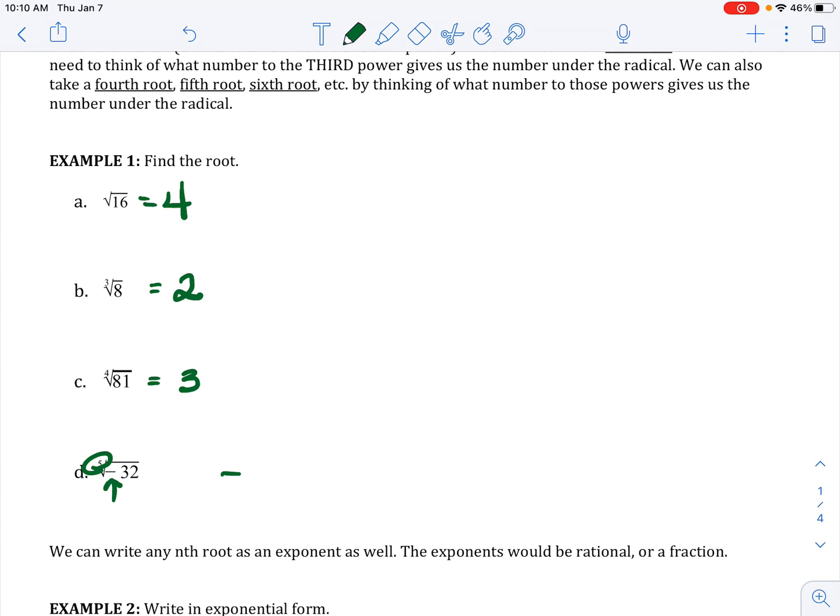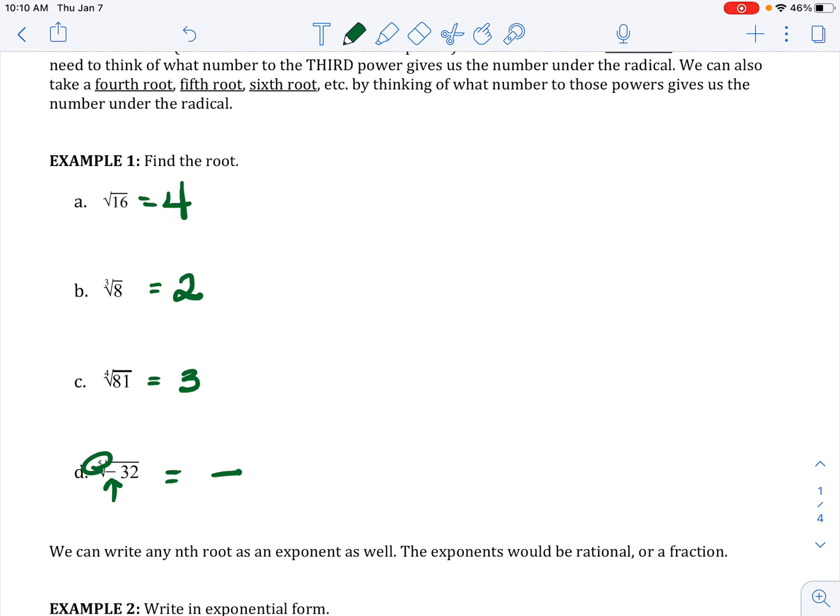Well, if we have a negative 3 times a negative 3, it's always going to be a positive. So if you're multiplying two negative numbers together, it's always going to end up positive. So you have to keep in mind that the only way to get a negative number on the inside is if it's an odd root.